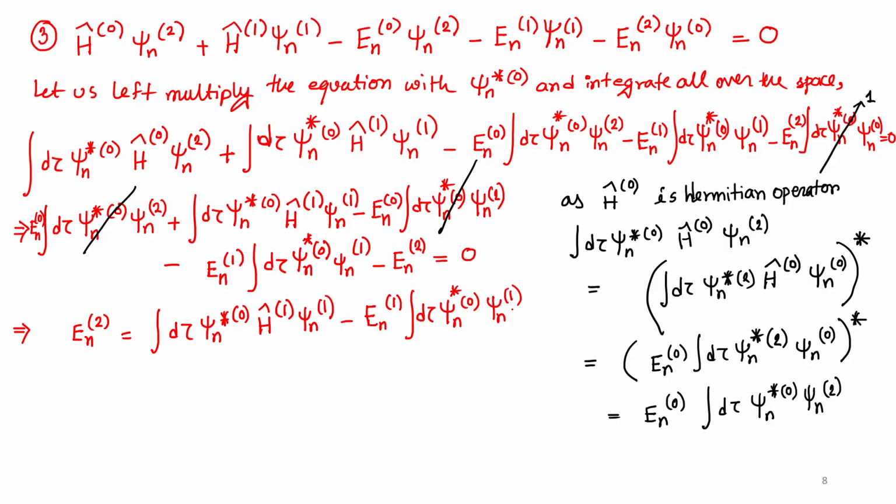right. Now if you remember, in the previous case we took one approximation: as the unperturbed zero wave functions form a complete set, we could write the psi n first order as a linear combination of all the unperturbed wave functions, right? So let us take that.